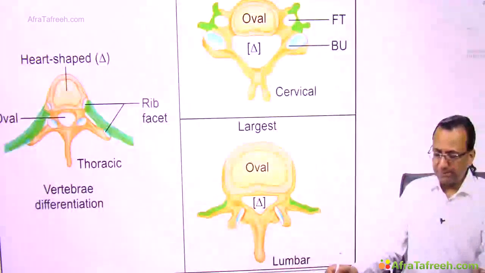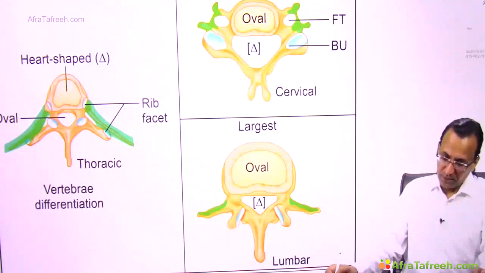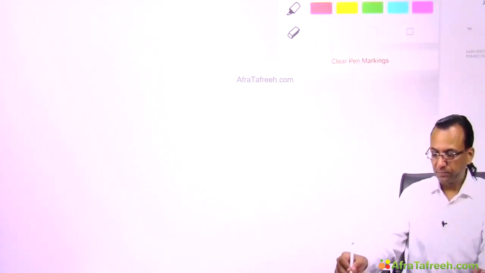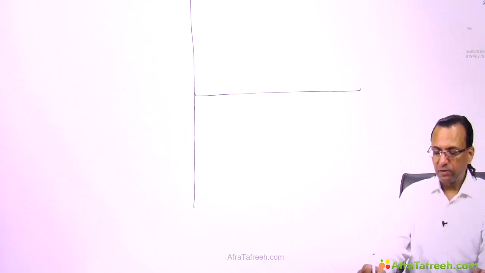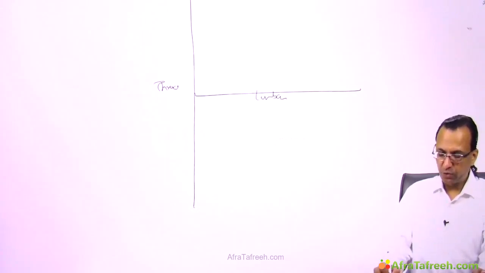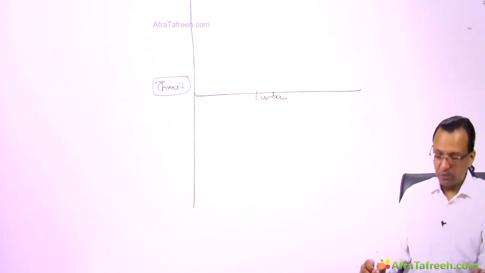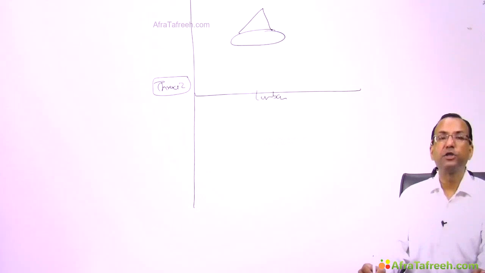And what about the other features? If you want, you can draw. This is cervical and lumbar and thoracic. So how will you identify? Oval body and vertebral canal is triangular.